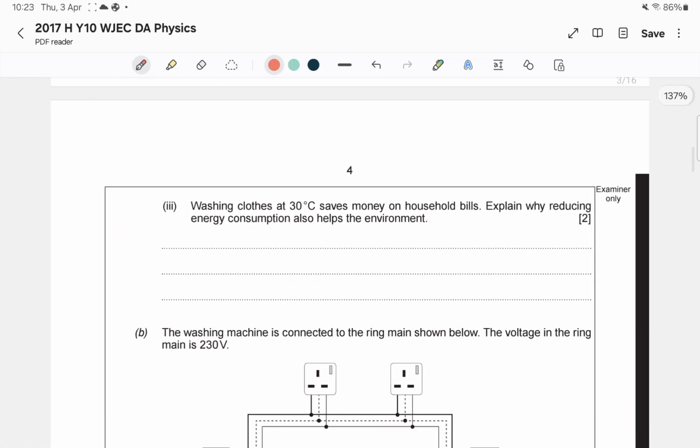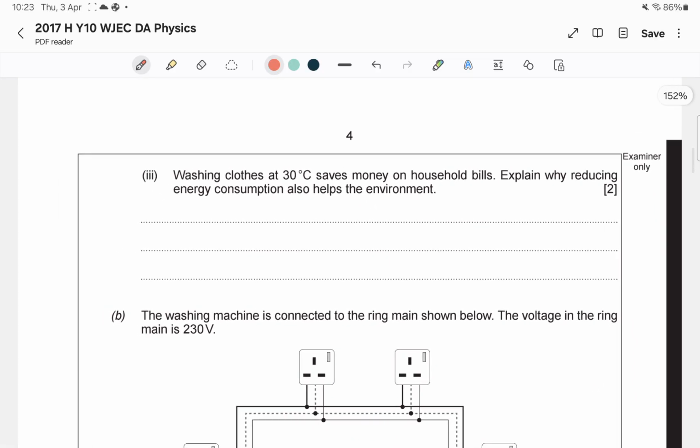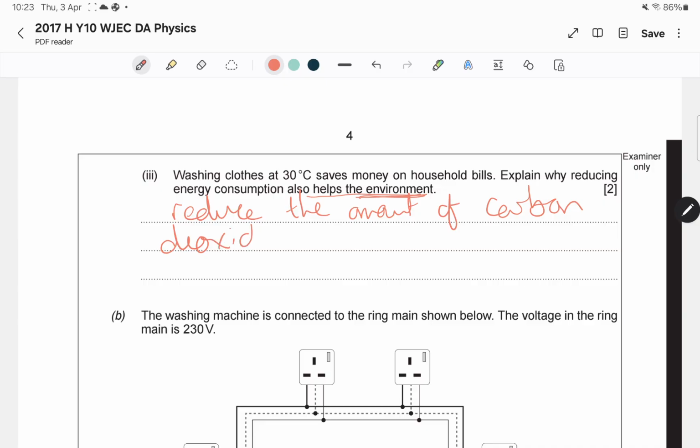Washing the clothes at 30 degrees saves money on household bills. Why does it also help the environment? So what's electricity got to do with the environment? It would reduce the amount of carbon dioxide produced by burning fossil fuels.